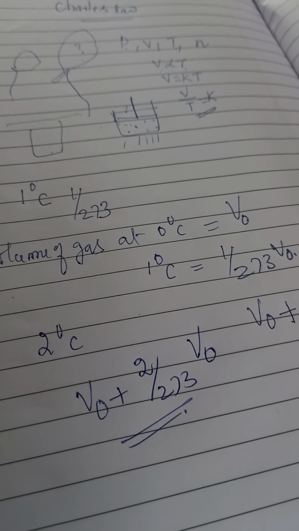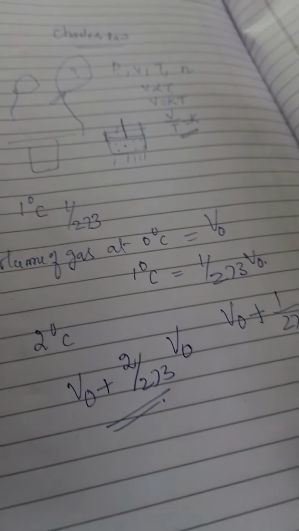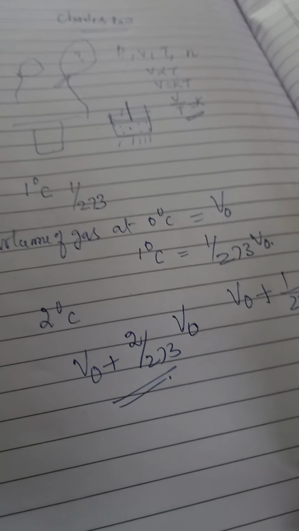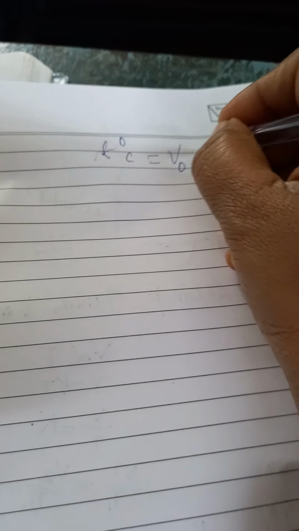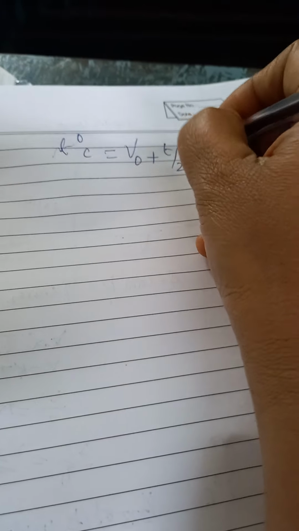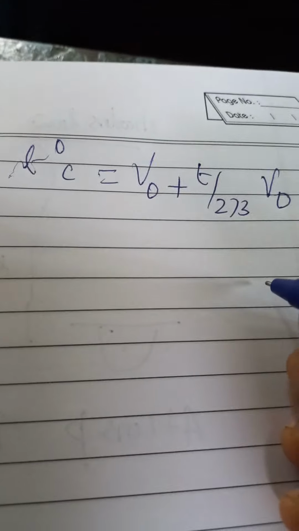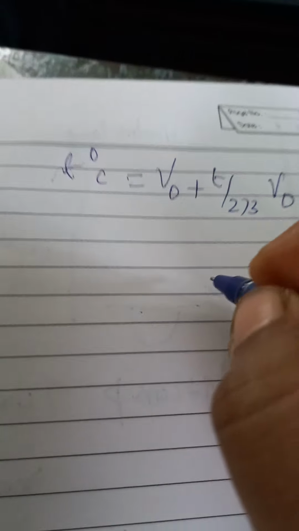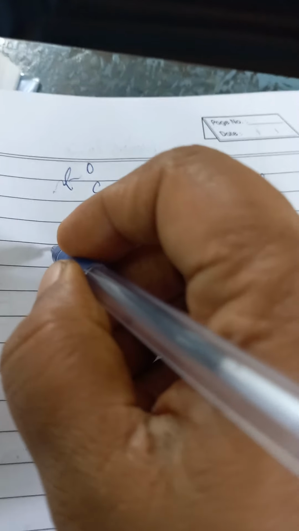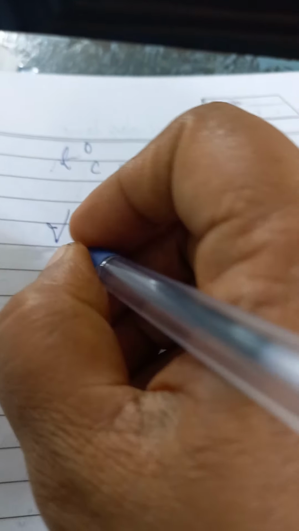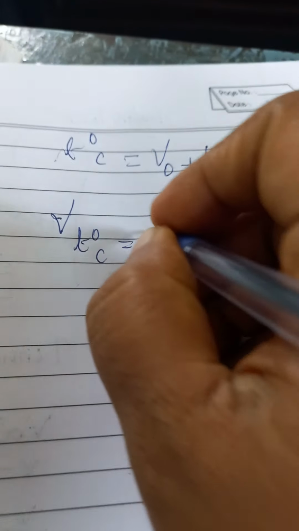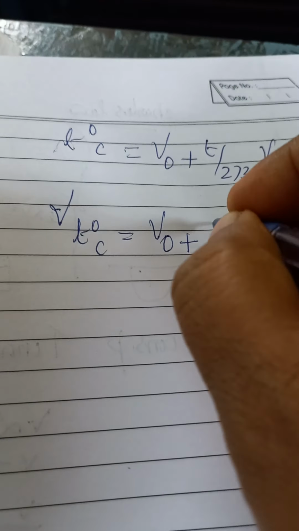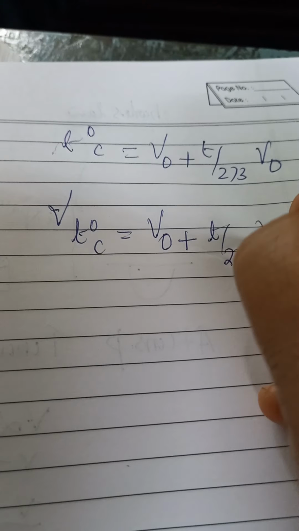The volume of the gas in the container at T degree Celsius is equal to V0 plus T by 273 into V0.